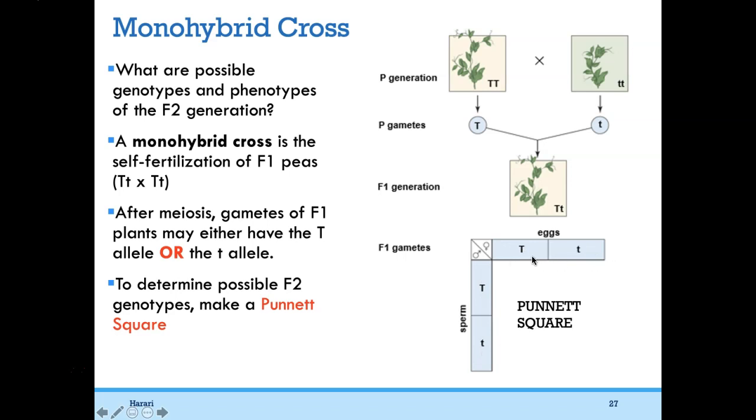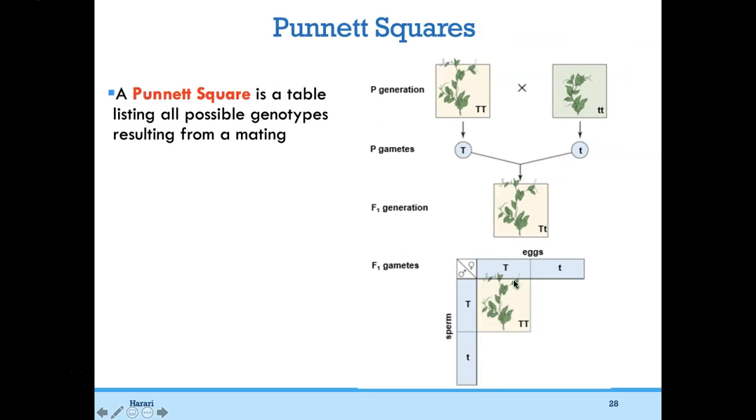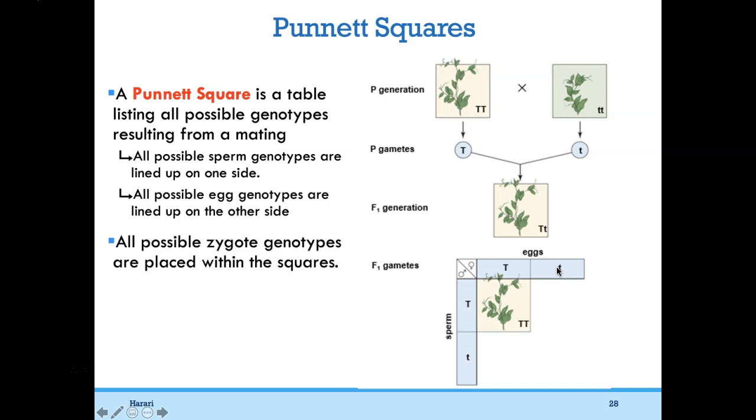But we don't know. This big T could come together with this big T, right? And that would mean that we can get a big T plant, one that's homozygous dominant. Dominant is always capital letter. It's also possible for a big T sperm to unite with a little t egg.